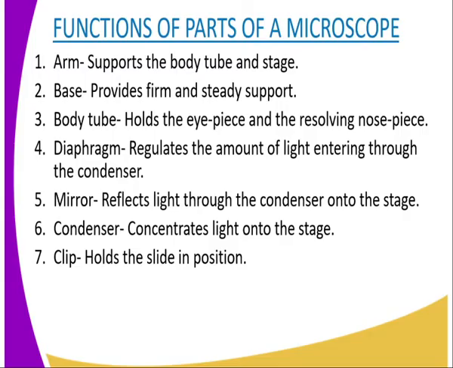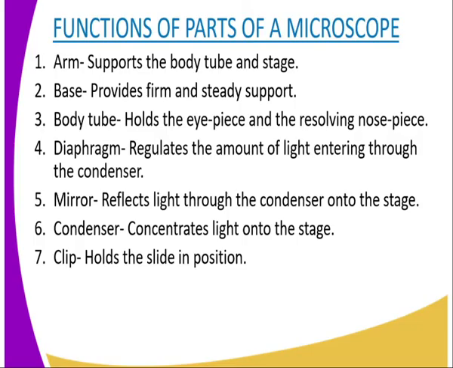We also have another part known as the coarse adjustment knob. The coarse adjustment knob is to bring the image into rough focus by raising and lowering the body tube. We also have the fine adjustment knob, whose function is to bring the image into sharp focus by raising or lowering the body tube slowly through the required distance.